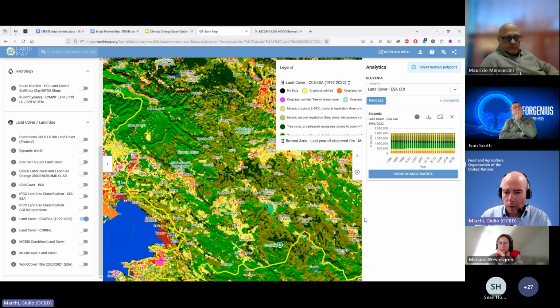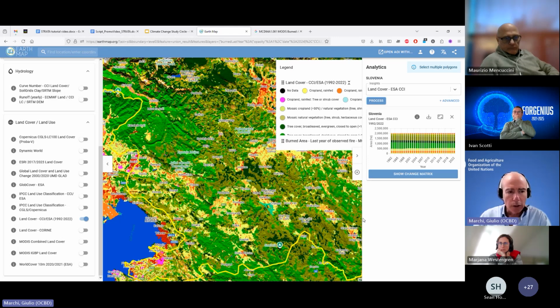Let's say EarthMap is more of a hub of different data sets that already exist out there in the world with an open license. We make them available as they are. So there is no further refinement, change of resolution, and there is no attempt to uniform them to the same resolution or time frame.